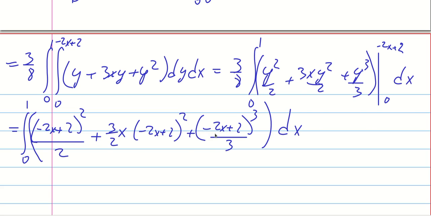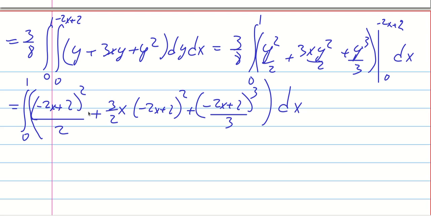What is the easiest way to simplify here? Since we have (-2x + 2)² everywhere, we probably factor it out. If we square it, we get 4x² - 8x + 4 and put it outside.